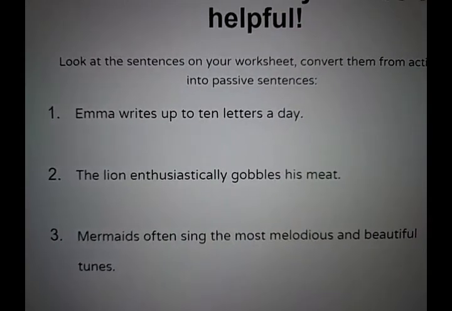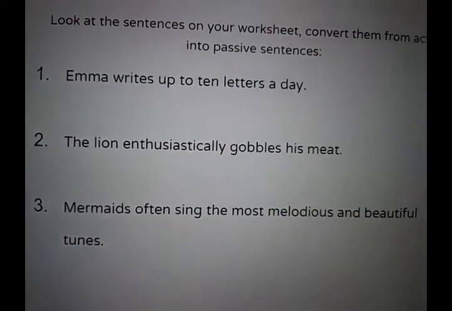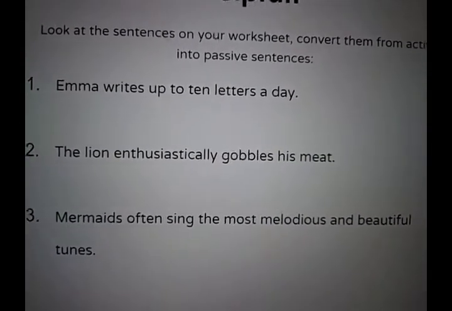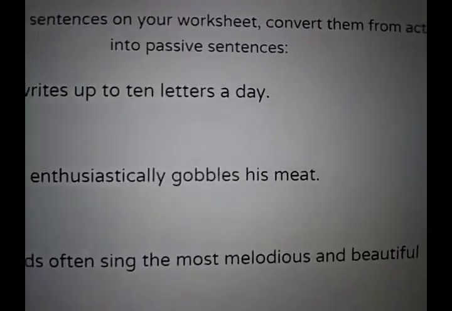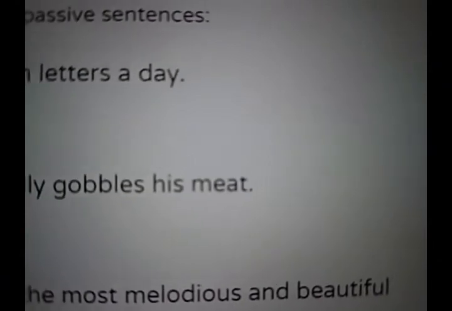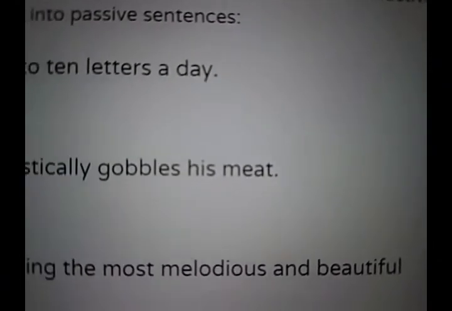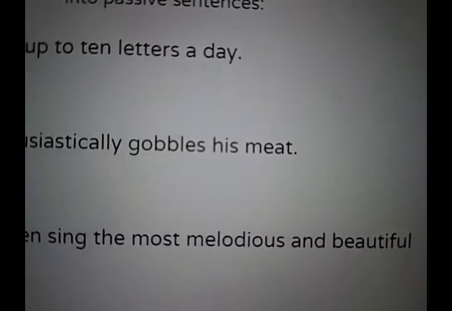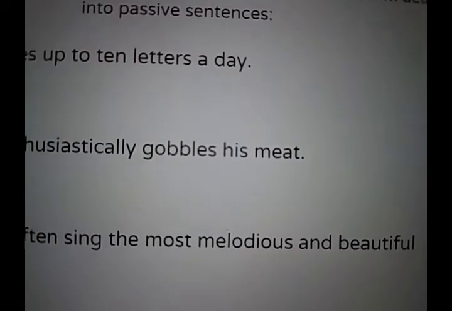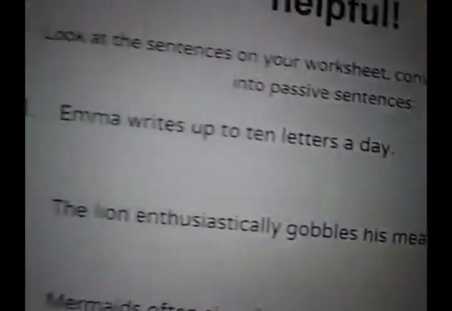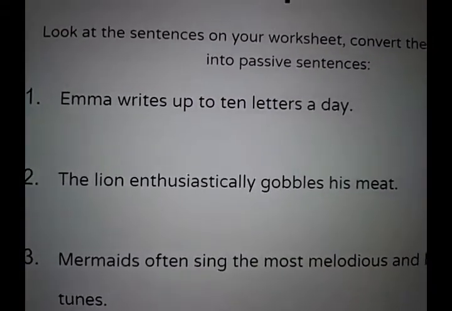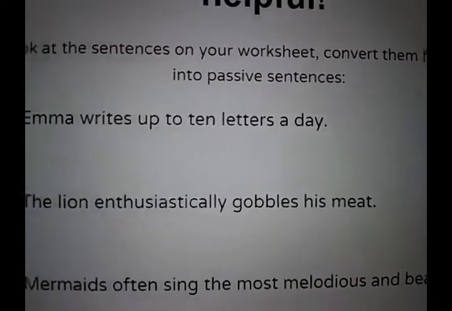The lion enthusiastically, I'm not going to give you the answer to this one, I want to let you have a go. The lion enthusiastically gobbles his meat. Now we've got to put the word meat, because meat is the object here. How can I put meat in front of gobbles?